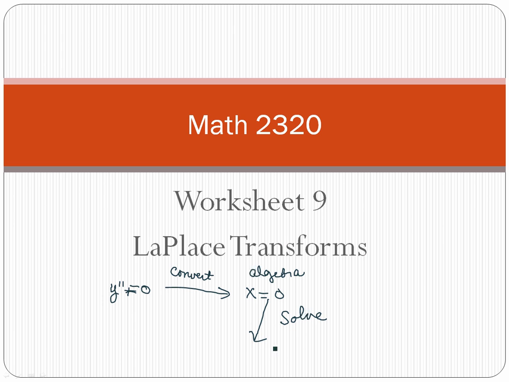Once we get the solution to the algebraic equation, then we'll do a conversion back into differential form. So we're going to start with a differential equation. We're going to convert it to an algebraic equation.